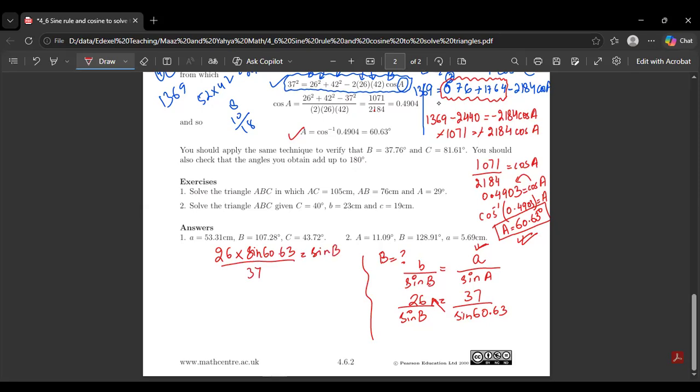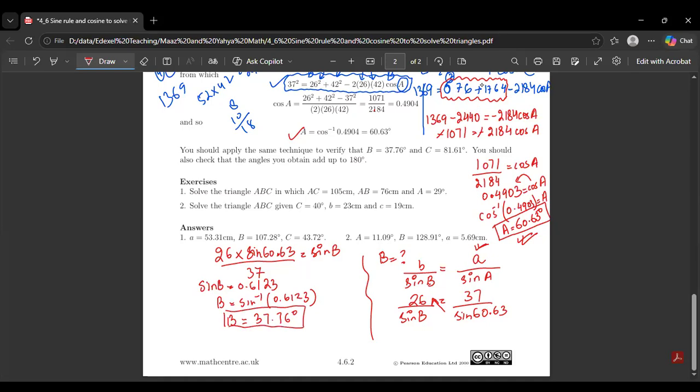Just plug in the values, use the calculator, and get the answer. 26 times sine 60.63. Yes, sorry, Khuzama. The answer is 0.6123. Sine inverse of this 0.6123, how much are we getting? 37.76.